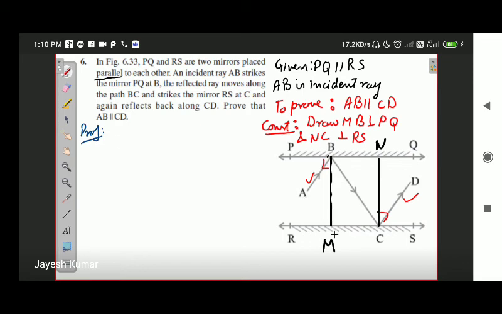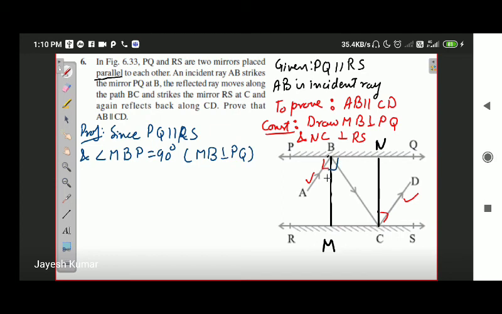First of all, I am going to prove that lines BM and CN are parallel. We are given that lines PQ and RS are parallel to each other. Let's take angle MBP equals 90 degrees. Why is angle MBP 90 degrees? Because MB is drawn perpendicular to PQ. I'm saying this angle is 90 degrees.